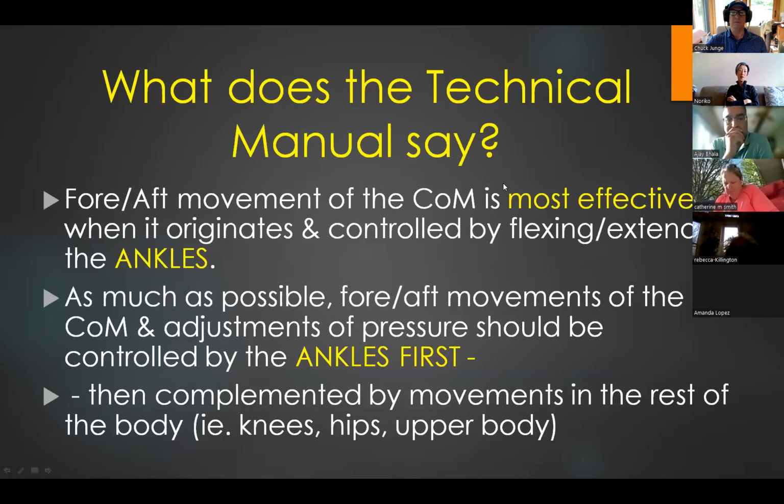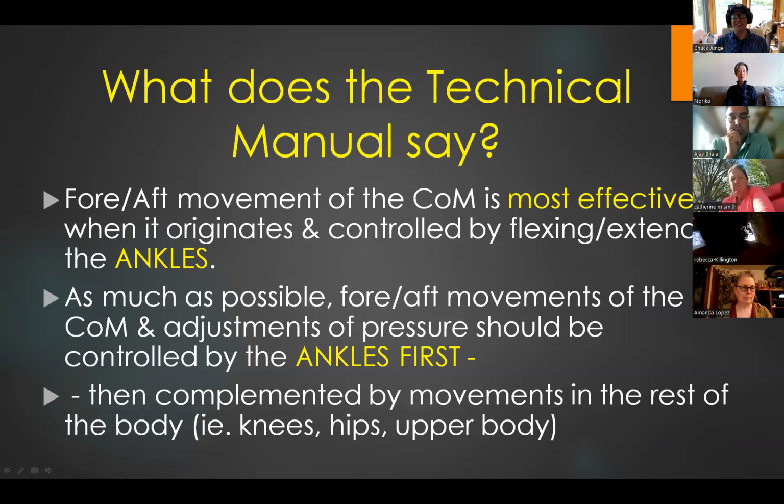Let's move on. What does the technical manual say? I think you're going to see a lot of what Noriko was talking about in this. The technical manual specifically says fore-aft movement of the center of mass is most effective when it originates and is controlled by flexing and extending the ankle. So that is dorsiflexion and plantarflexion.